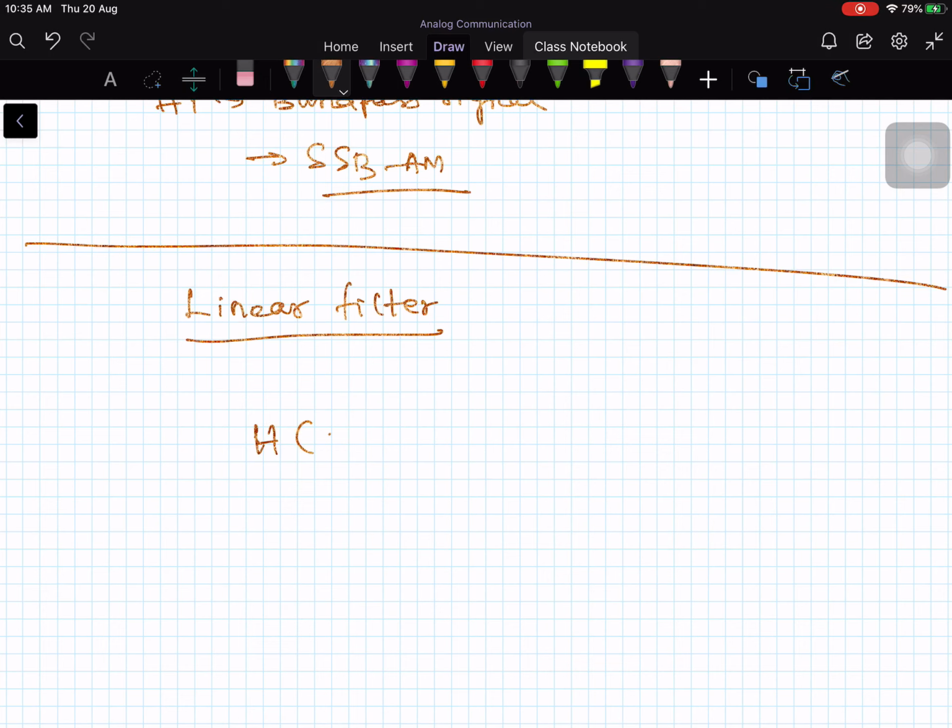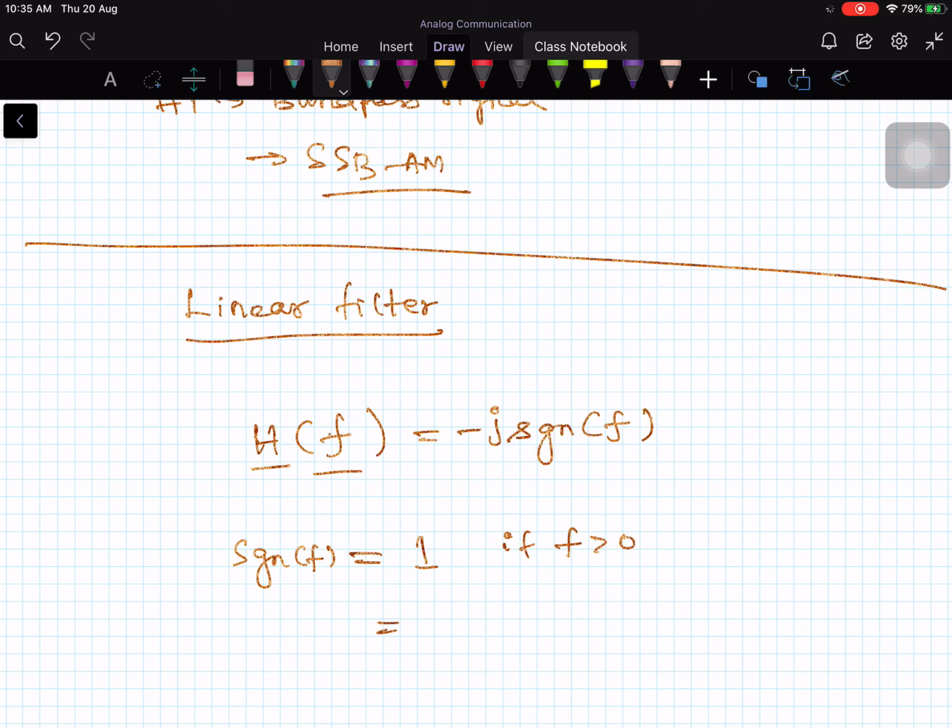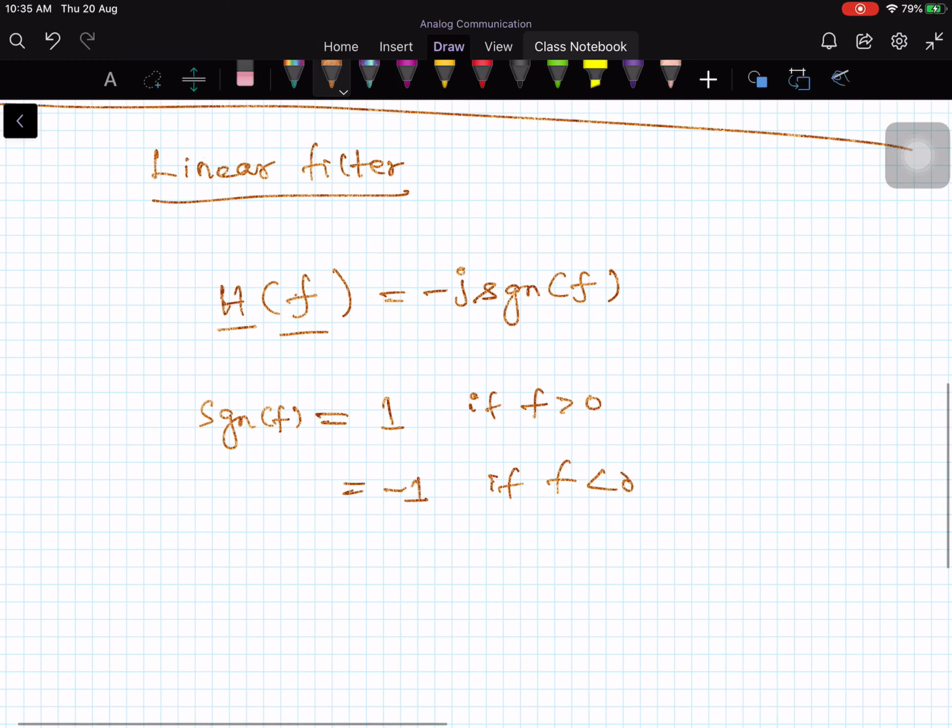The transfer function is denoted by capital H of f, equal to minus j times signum of f. I think you are familiar with this function, signum of f. It is 1 if f is greater than 0 and minus 1 if f is less than 0. This is called a signum function.